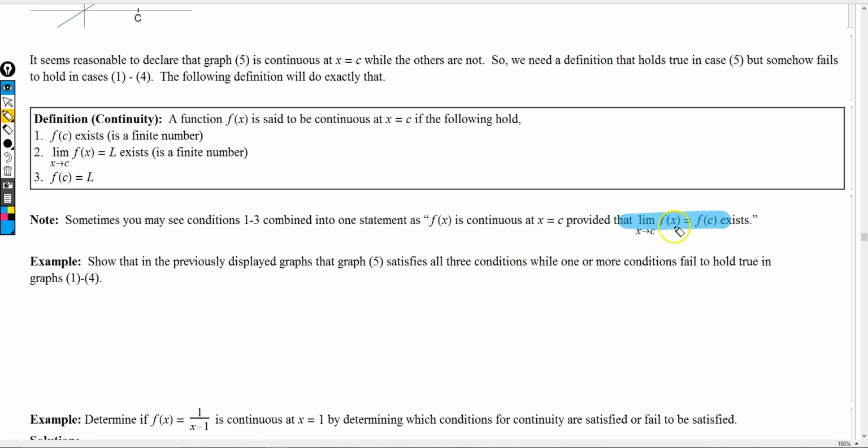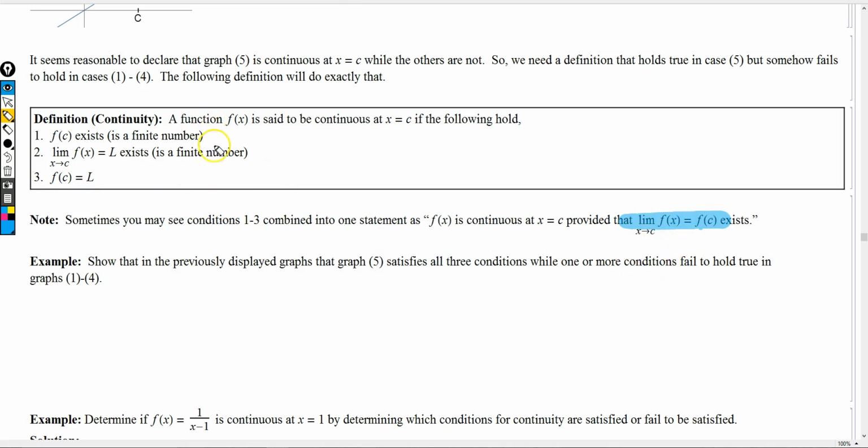If this holds, that's really combining 1, 2, and 3 into one statement, because you're saying f of c exists. At the same time, you're saying the limit as x approaches c of f of x equals that number, f of c, right? So the limit exists. And then, of course, f of c equals the limit. So this is really combining all 3 statements into one.